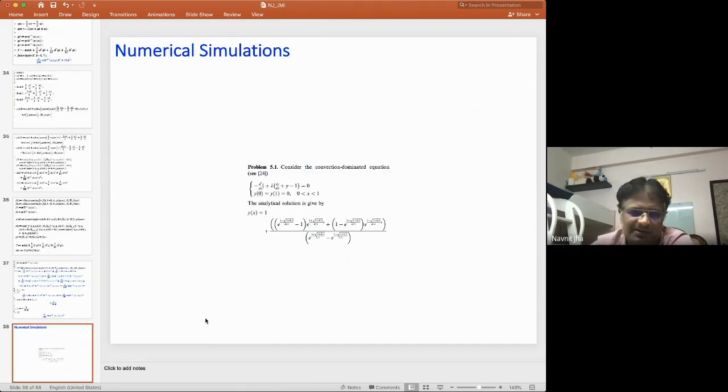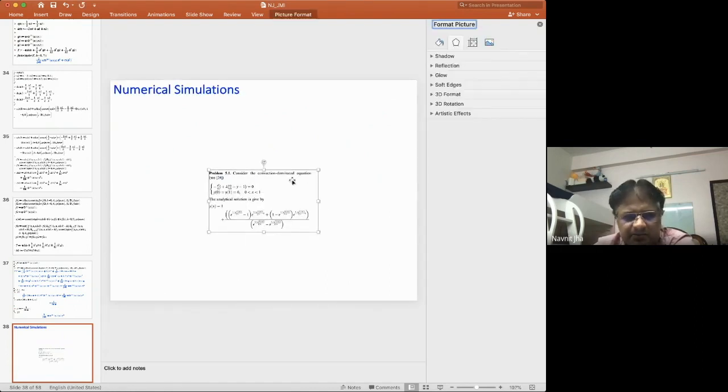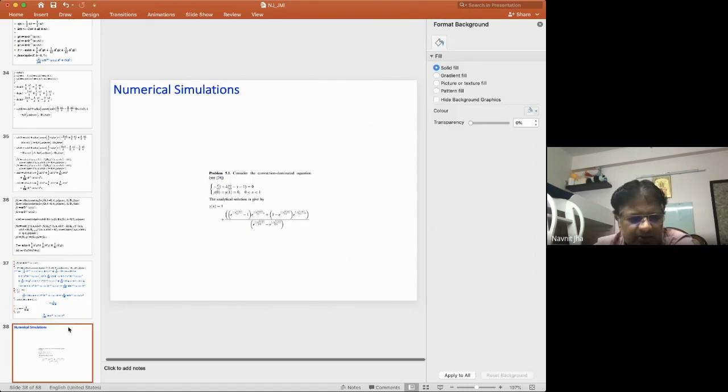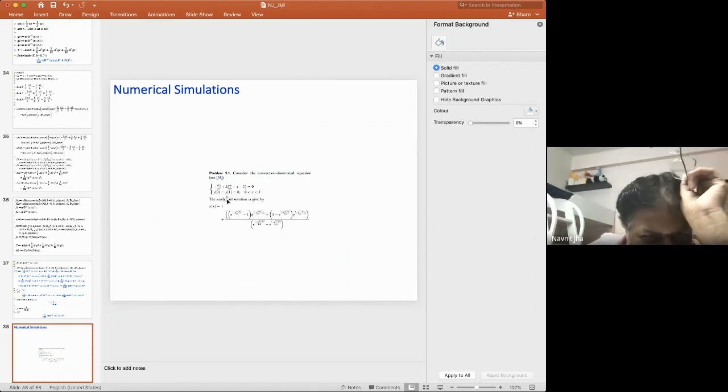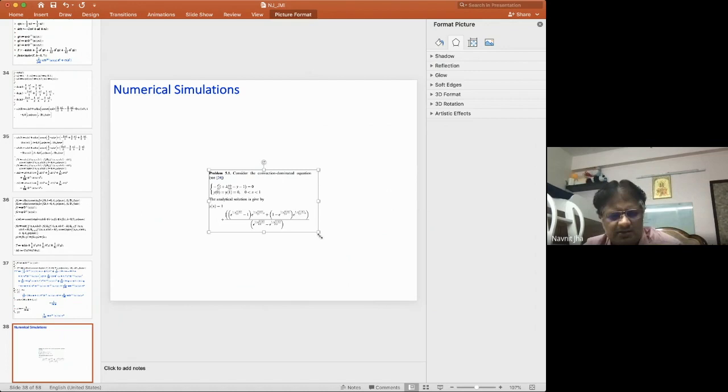Now, numerical simulation, I am going to consider, just a moment. Yeah, numerical simulation. Is it visible to you all? Okay, so this is minus d2y dx square plus lambda dy by dx plus y minus 1.